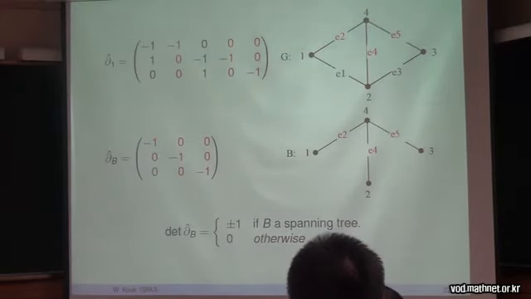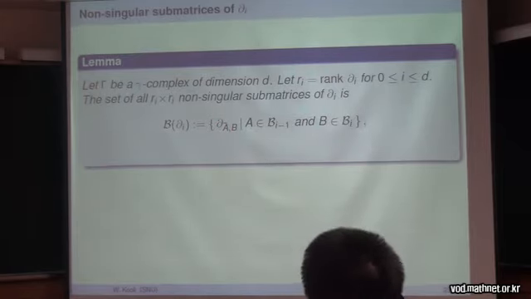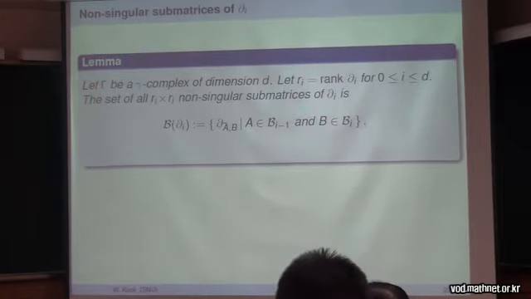We strike out a row, and of course a row corresponds to a vertex, and a vertex is a zero-dimensional tree. And we select the columns that correspond to the spanning trees, which are one-dimensional trees. And that is precisely what's happening. So this notation, A bar, means those rows that are not indexed by A. So it's the rows that are outside, so to speak, the I minus 1 dimensional spanning trees.